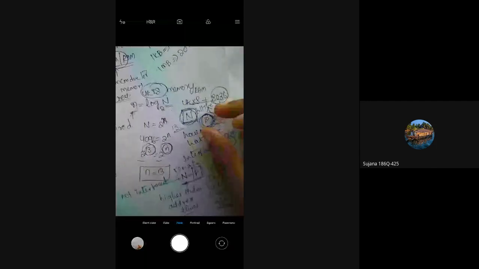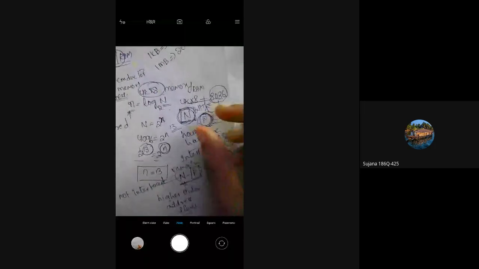For all the n locations, I need 13 address lines, but I'm using only p locations for interfacing. For these p locations, I need some significant number of address lines.